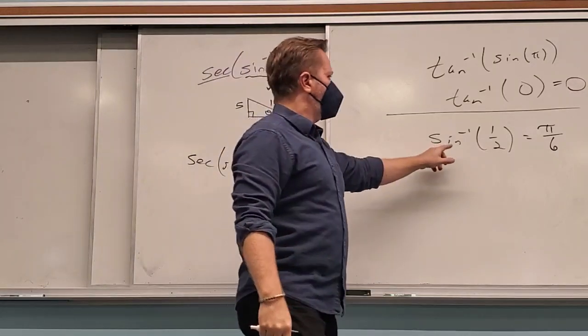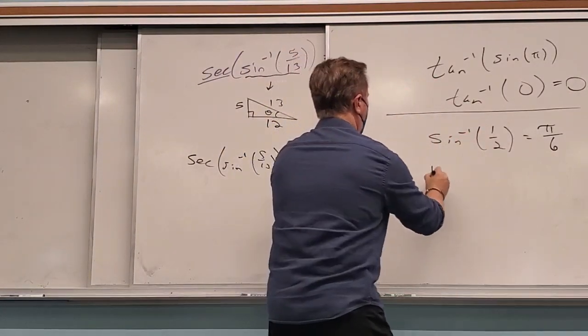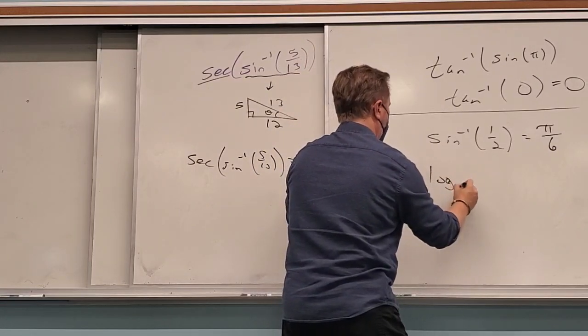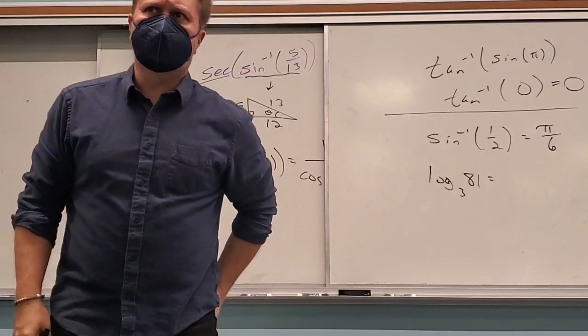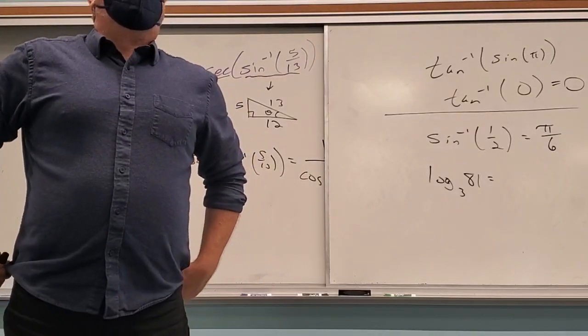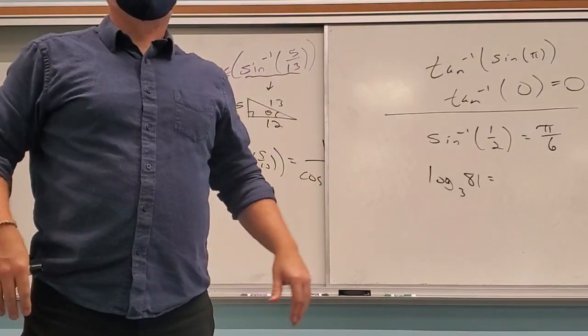So you have to know how to evaluate inverse stuff. In fact, again, how do you evaluate log base 3 of 81? Don't you think backwards? We think, what power makes 3 become 81?